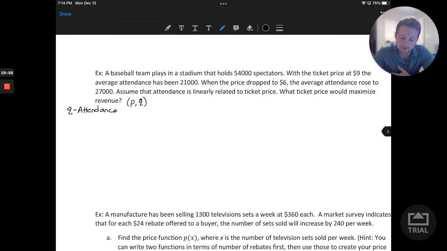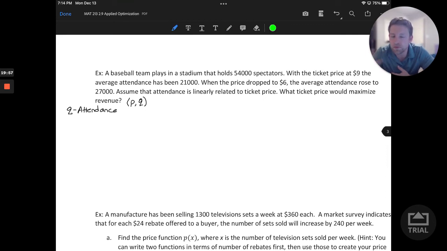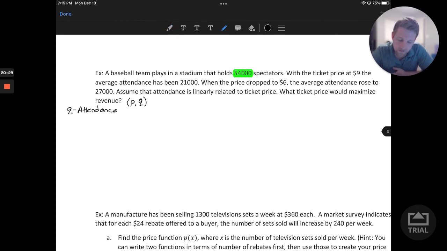One thing that's extra information that we don't necessarily need is this 54,000. It would be helpful to make sure that our maximum attendance doesn't go over this stadium capacity of 54,000, so we'll make sure that stays below 54,000 when we're done. So let's dive into our problem with these two data values.